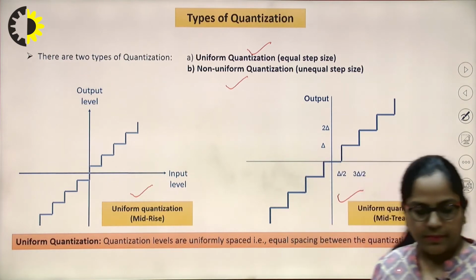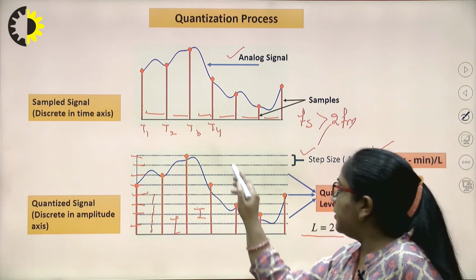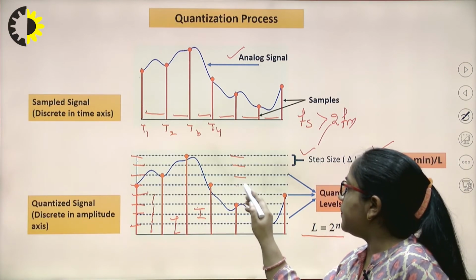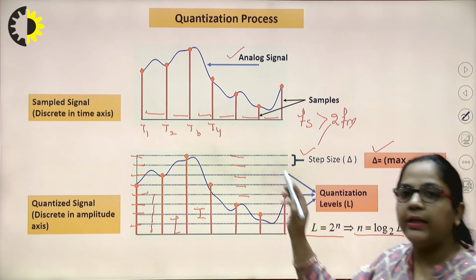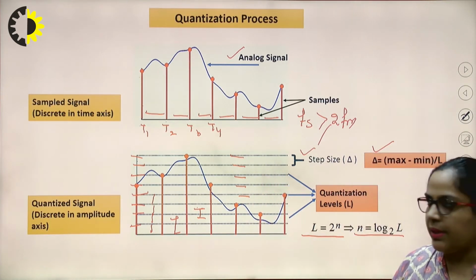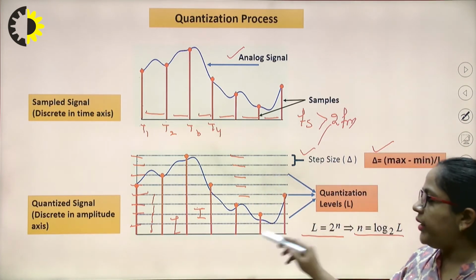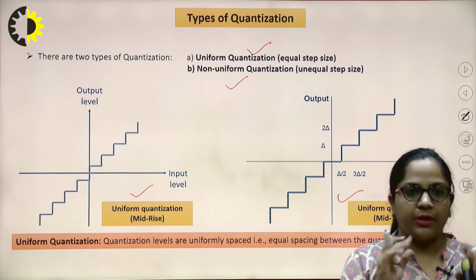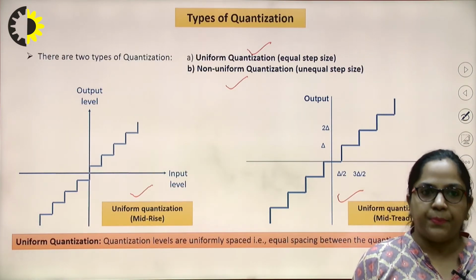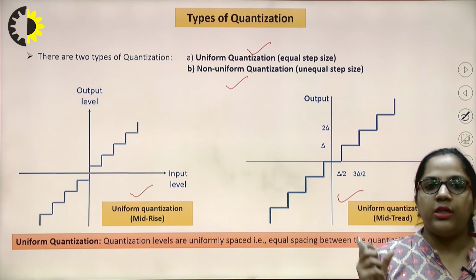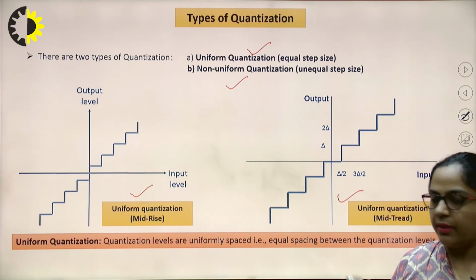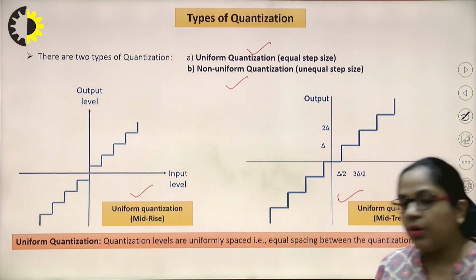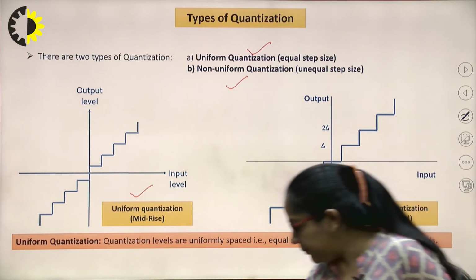That means the gap between each level remains similar, that is, the step size of each level is similar. Uniform quantization is also called linear quantization.